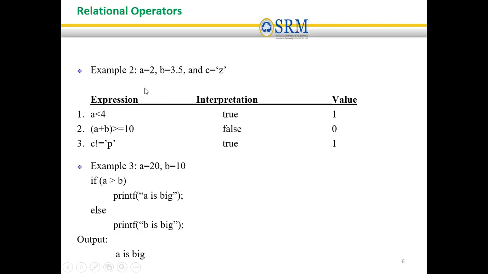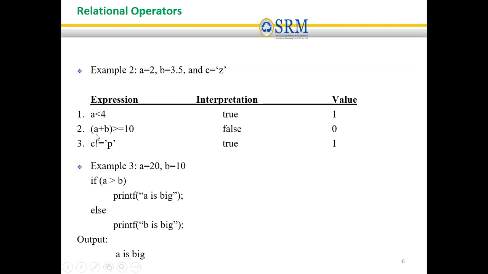We go to example 2, with the following values: a equal to 2, b equal to 3.5, and c equal to 'z'. In the first expression, a less than 4, a is equal to 2, so 2 less than 4 is true.